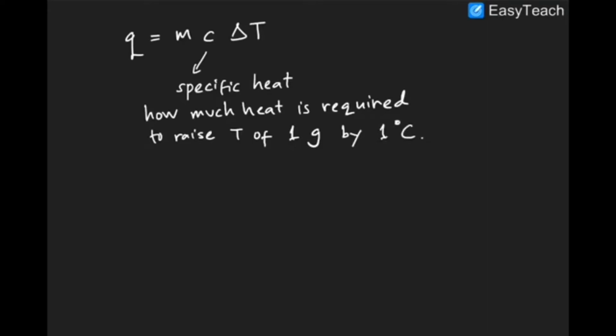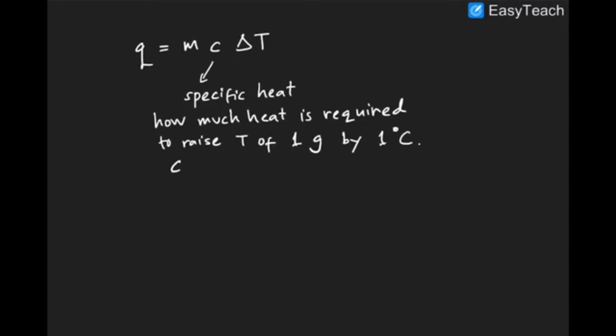And therefore, normally the unit for C is joule over gram Kelvin, or let's write it this way: joule, gram to the power of minus one, and Kelvin to the power of minus one.